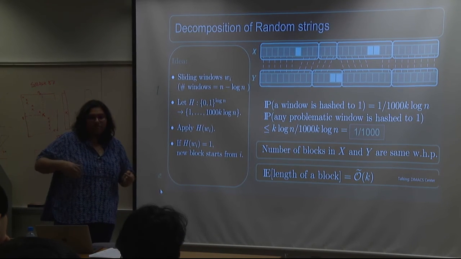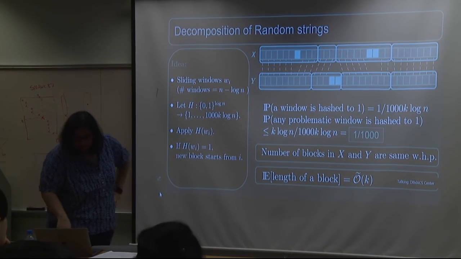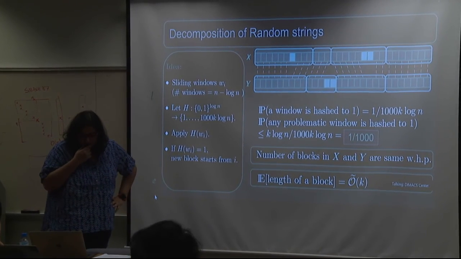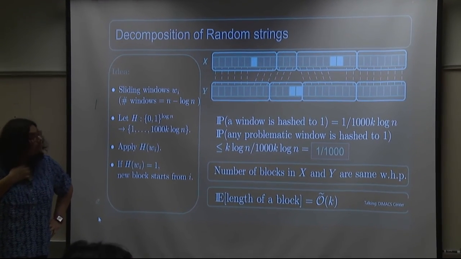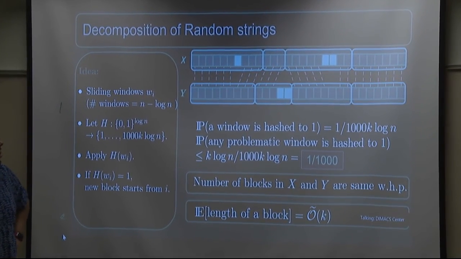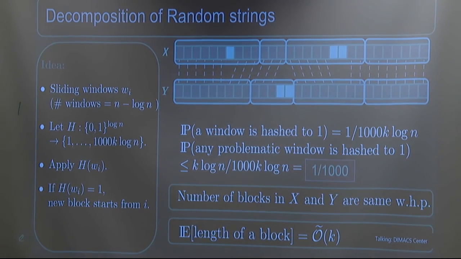We can have at most k more symbols, so the size is still O tilde k. So with high probability, we actually have all the properties of the well alignment for random strings.